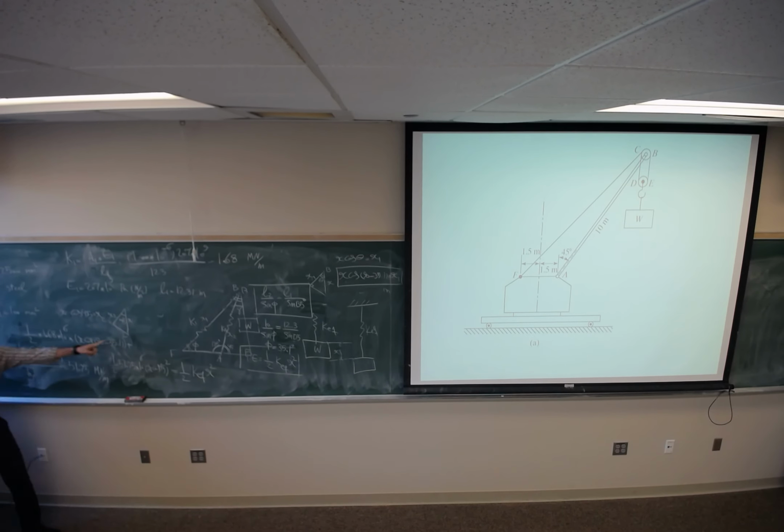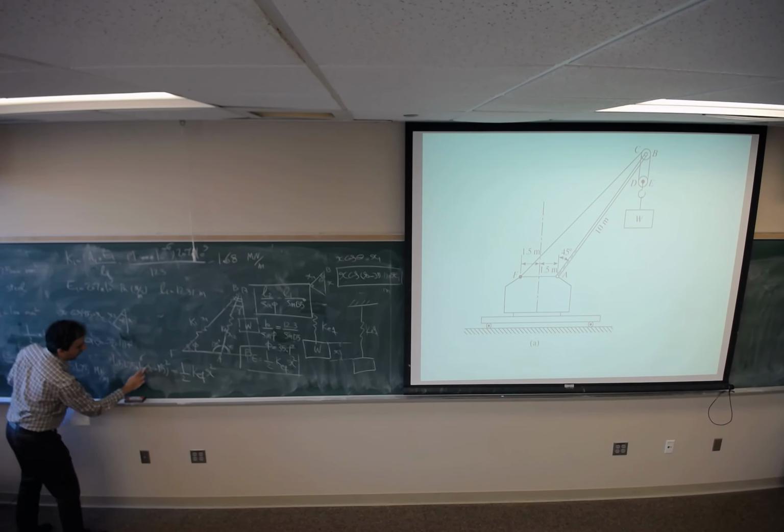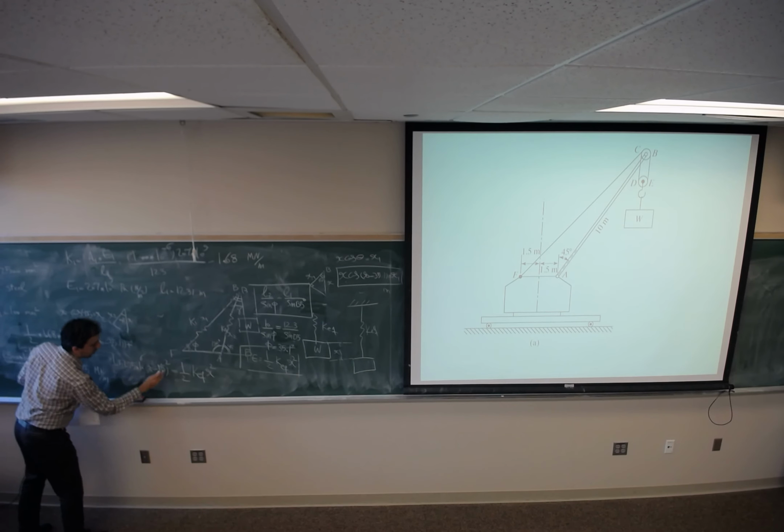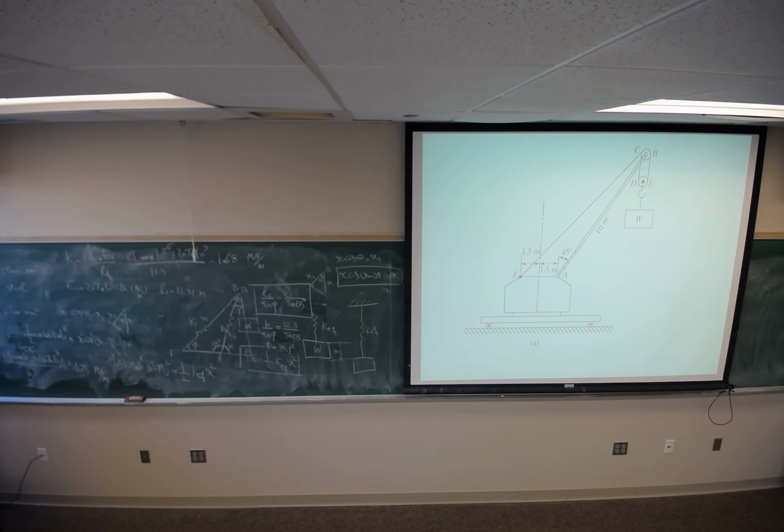If I expand this, it's going to be x squared cosine squared. Same thing here, x squared cosine squared for 45. I can cancel out x squared from both sides.